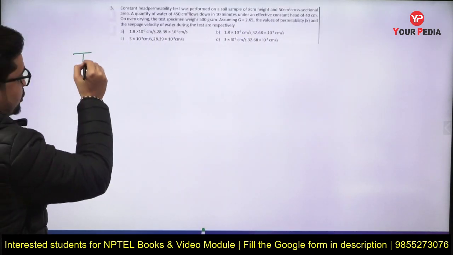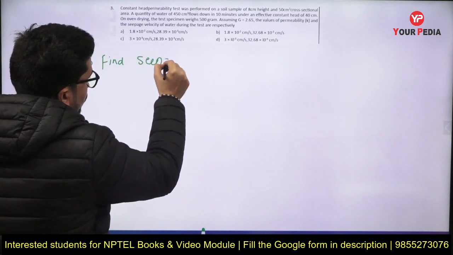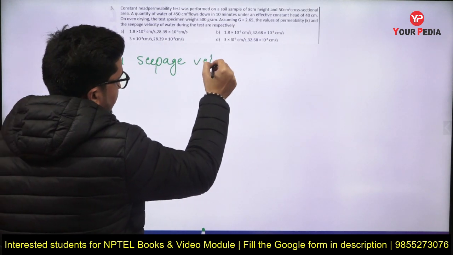So now the question arises to find seepage velocity. To find seepage velocity, we have a relation.